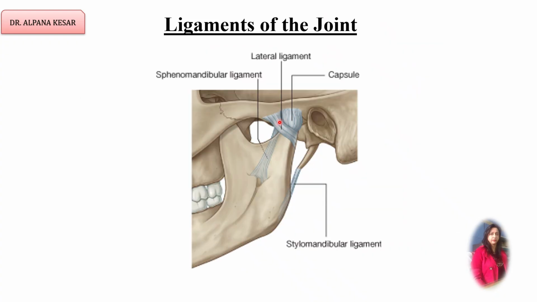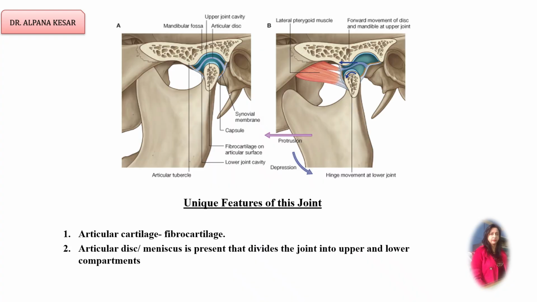Joint capsule, lateral ligament, sphenomandibular ligament, and stylomandibular ligament all add to the stability of the temporomandibular joint and prevent its dislocation. Two unique features of the temporomandibular joint are: 1.